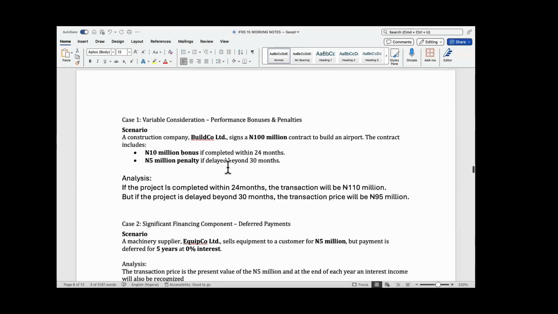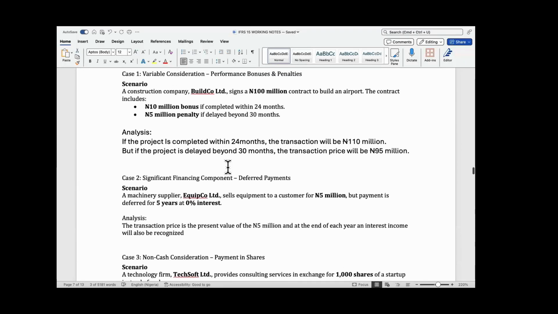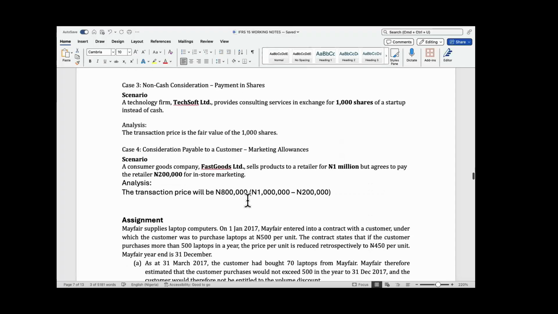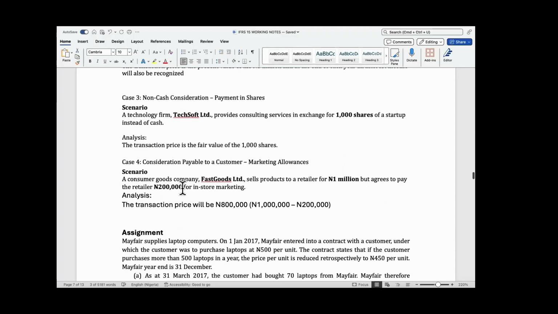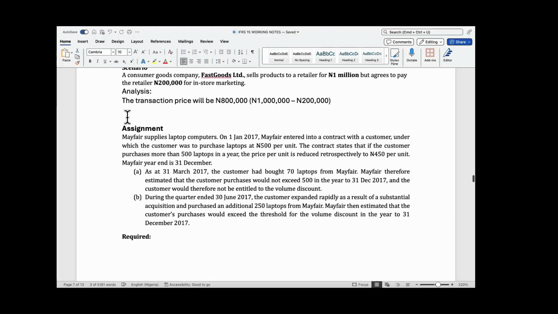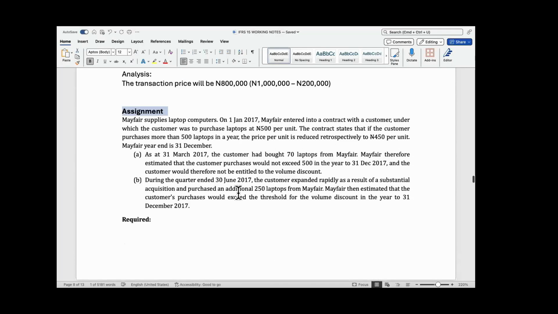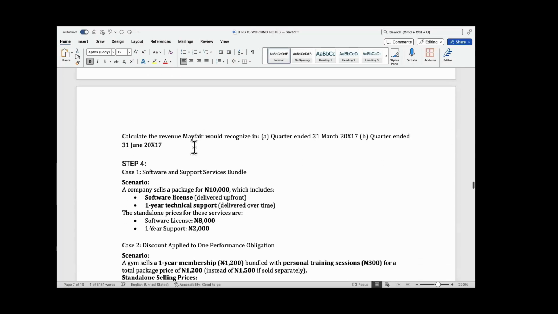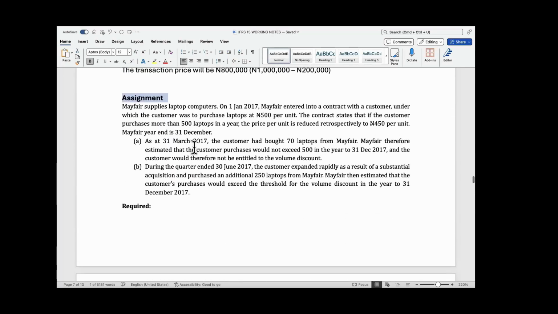We looked at examples of each of them: the one that is variable, the one that's affected by time value of money, where we will need to discount to present value, and where there is non-cash consideration. And I remember that I gave you this one as an assignment for you to attempt yourself. And that's where I'm going to start from today, by solving these assignments. Then we'll quickly go to step 4 and step 5.